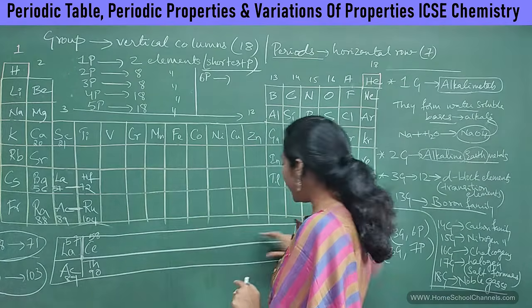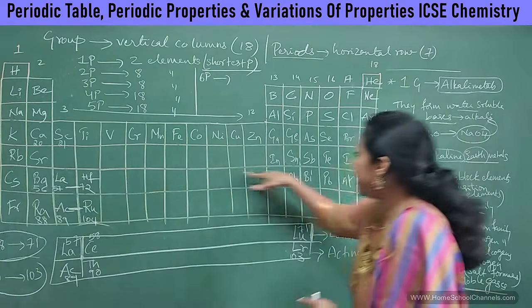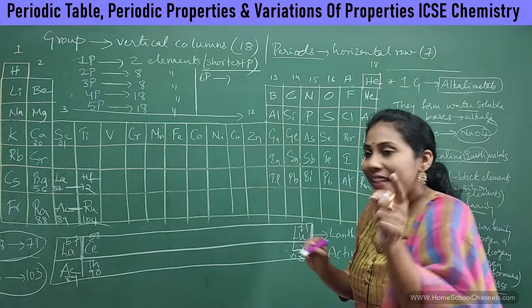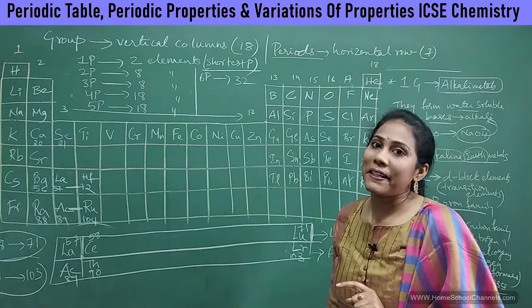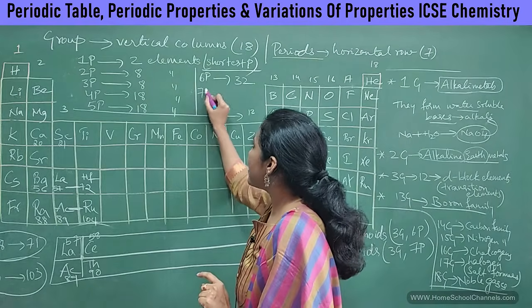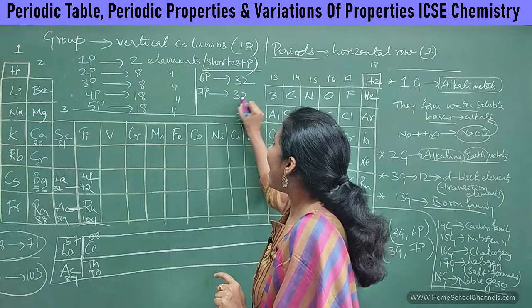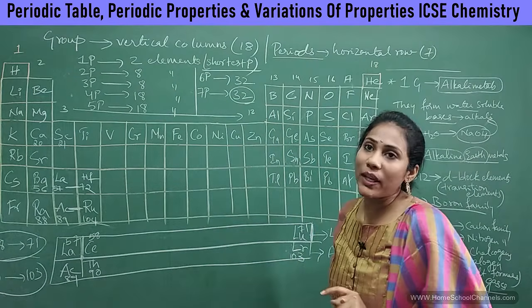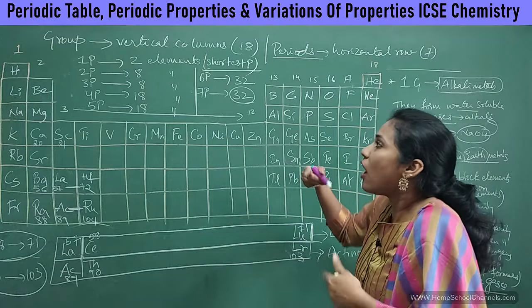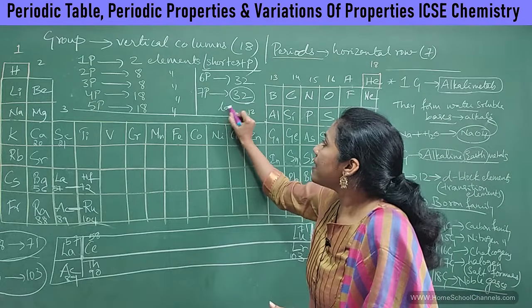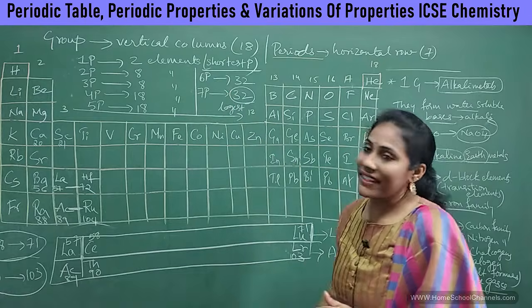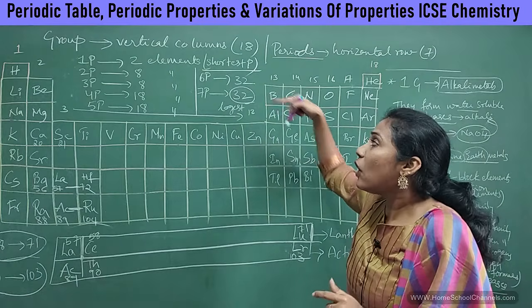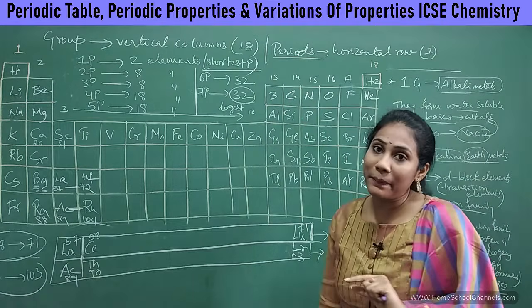So these 14 elements plus these 18 elements, altogether 32 elements, are there in your sixth period. Similarly, in your seventh period also, you have a position for 32 elements. So the longest periods are the sixth and seventh periods. Both of them can accommodate around 32 elements.